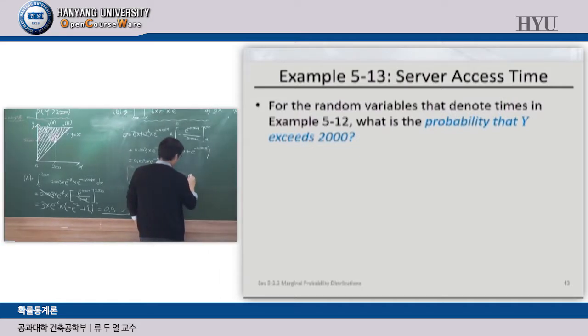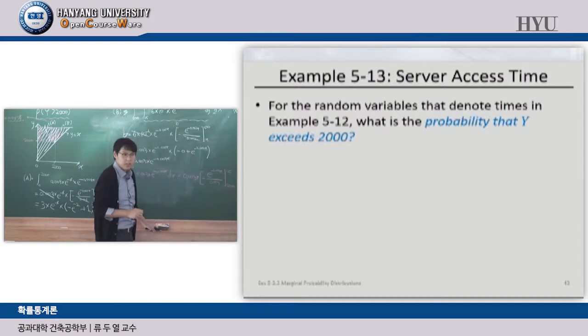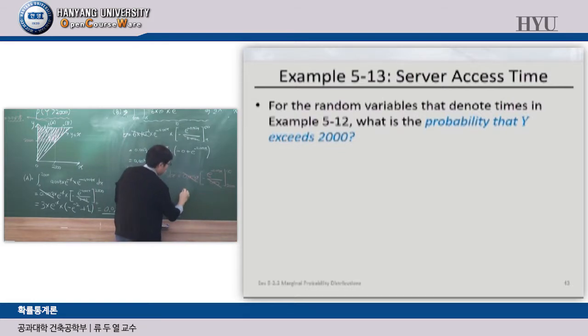That is equal to 0.003 times minus exponential of minus 0.003x over 0.003, from 2000 to infinity. And this can be eliminated. So the answer is minus 0 plus exponential of minus 6. Right? So this is equal to exponential of minus 6.